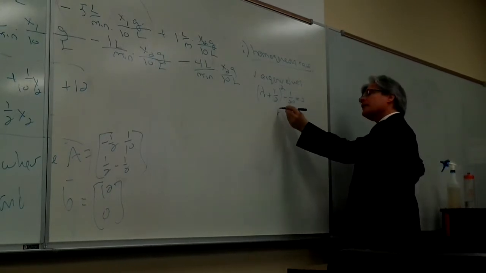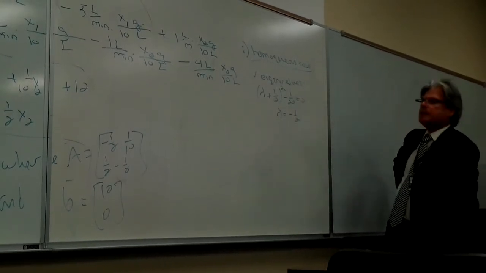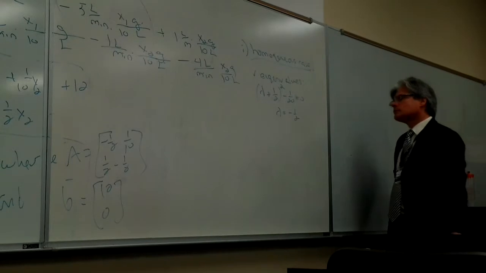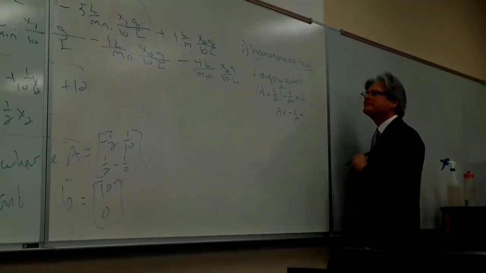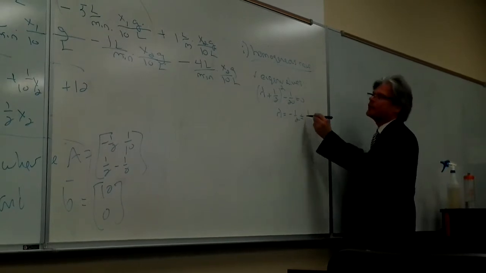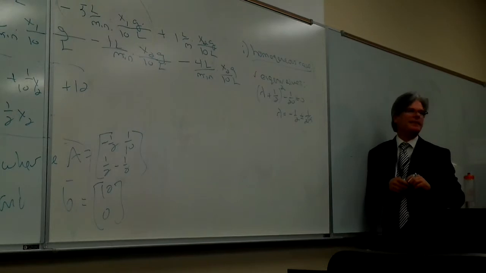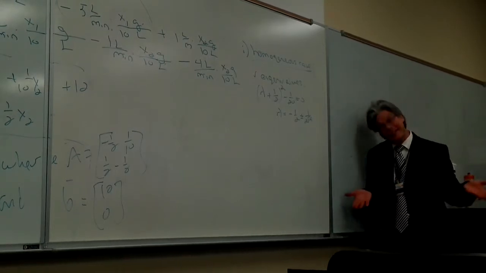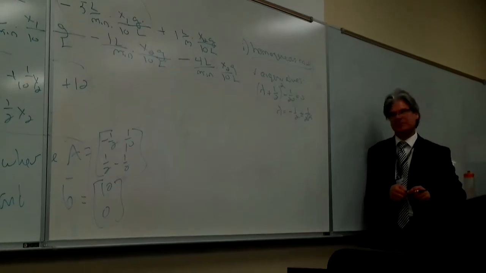But that gives me lambda equal to negative 1/2 plus or minus 1 over 2 root 5. Maybe. Say yay or nay. All right, I'm just going to place faith in them.